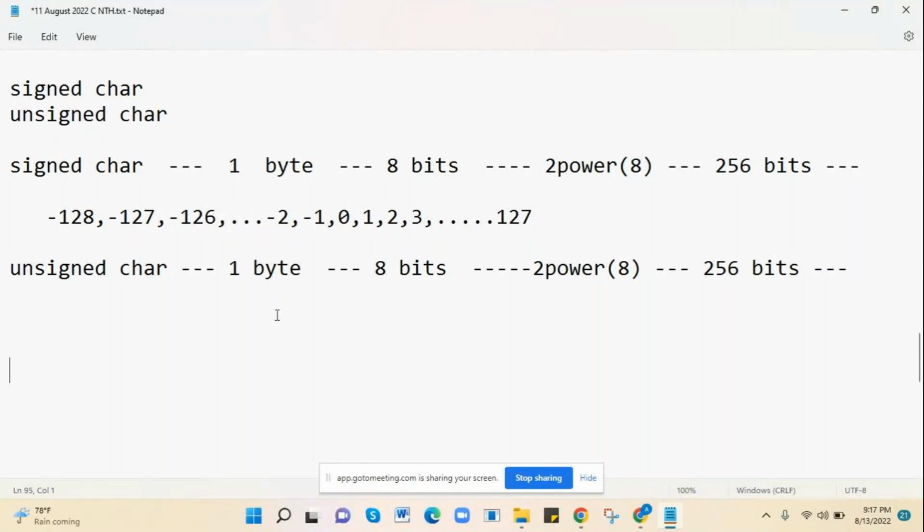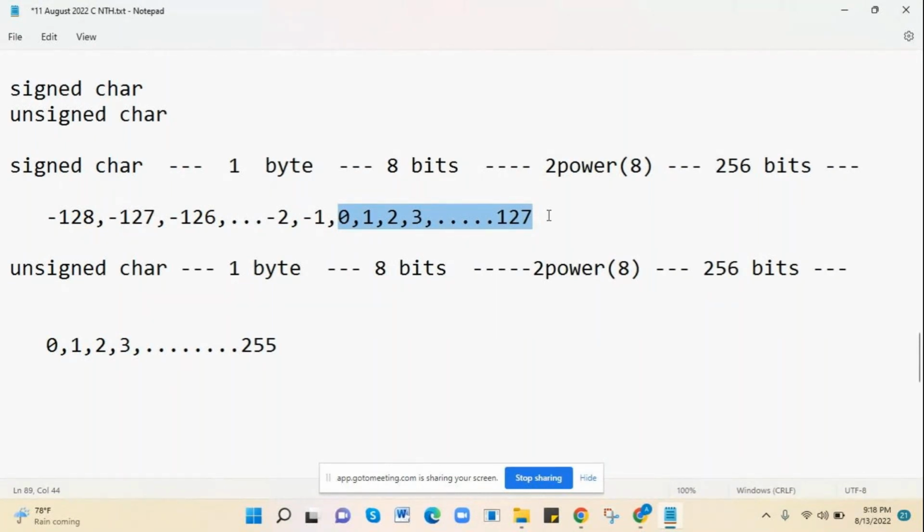So that's why it starts from 0 and goes up to 255. Why? Because these are 255 numbers and it includes 0. So total 256 values. If it is a signed char, half of the values are negative values, minus 128 to minus 1, and the remaining values including 0 are the positive values.